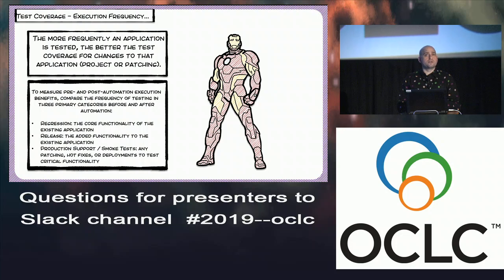Well, our coverage. So if we break apart any given application we're supporting into regression, the core behavior, release, what new functionality we're delivering, as well as our smoke test or sanity test or critical functionality that's run, say, by prod support, we want to take a look to see, all right, what is the amount of time and what is the coverage and execution frequency that we had?